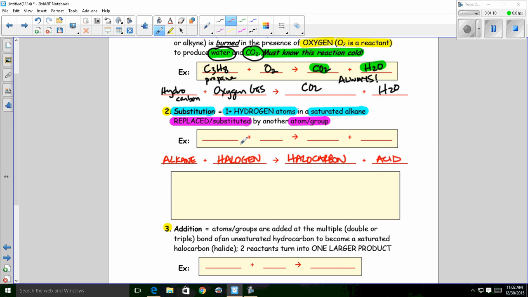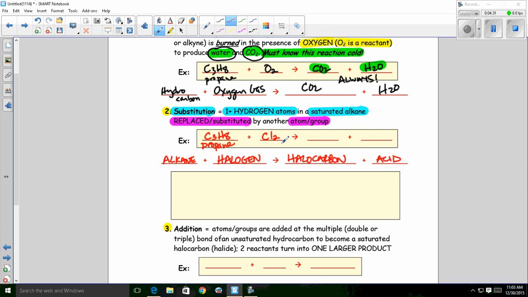All right, so if we stick with the same alkane that we used in the previous problem, let's go C3H8. And once again, this is propane. And that's our alkane. That chemically reacts with a halogen, and we can use Cl2 here.